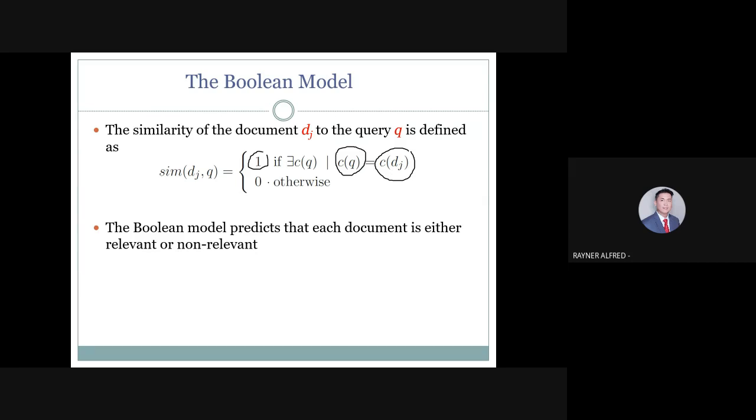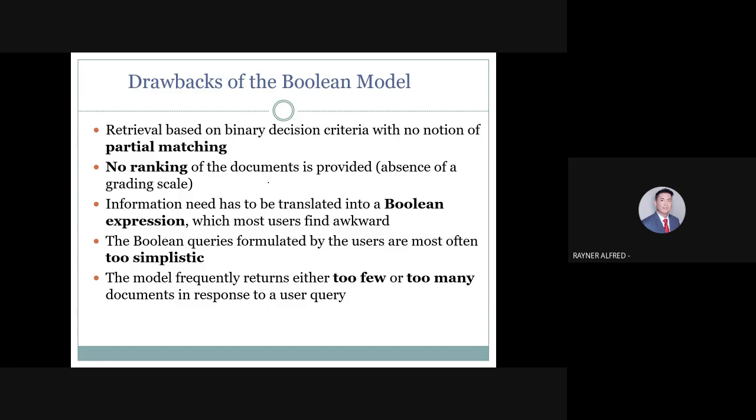Okay? But the disadvantage of the Boolean model is that we cannot do partial matching. There is no ranking because we have true and false. There is no gray scale.